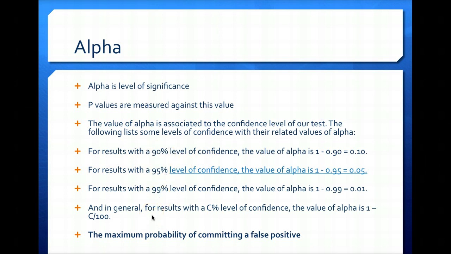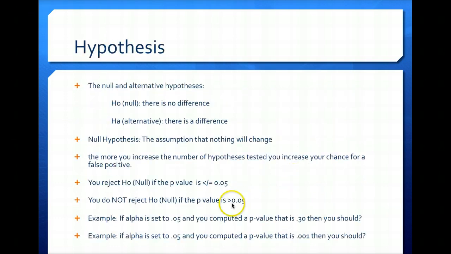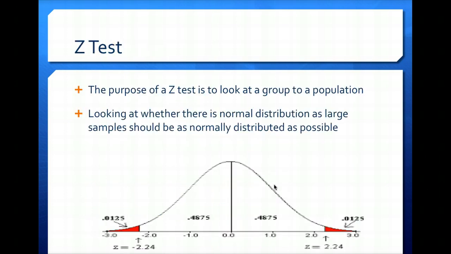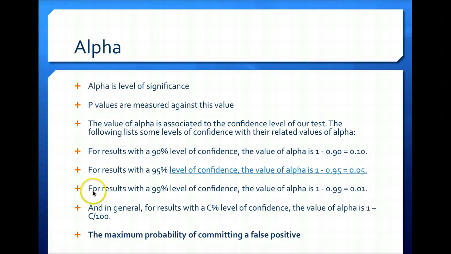In general, for results with a confidence level C, the value of alpha is 1 minus C divided by 100. But generally, you just know that when you see 95%, that's where the 0.05 is coming from. That's essentially a 95% confidence interval. The point of alpha is that it's the maximum probability of committing a false positive.